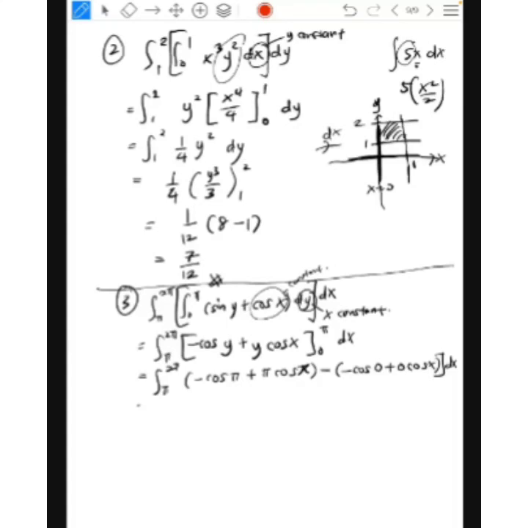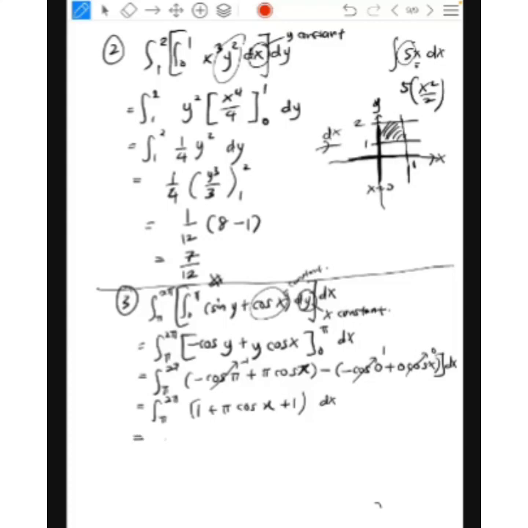Okay, so actually this cos pi is equals to -1, negatif dapat positif lah. So 1 tambah pi cos x. Cos 0 is equals to 1 also. So plus will be +1. And then this one will be 0. 1 plus 1 is 2. Okay. Then I can integrate respect to x now.